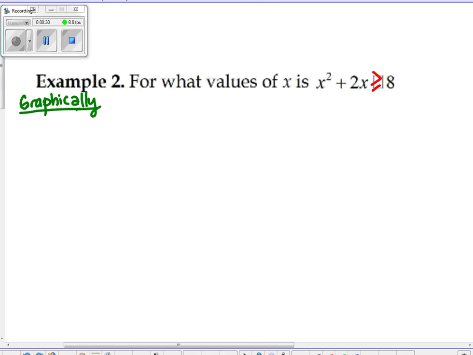One is to move everything to one side. So our y1 would become what? So if we move everything to one side, we get x squared plus 2x minus 8. So if I subtract that, we want when is x squared plus 2x minus 8 greater than or equal to 0?